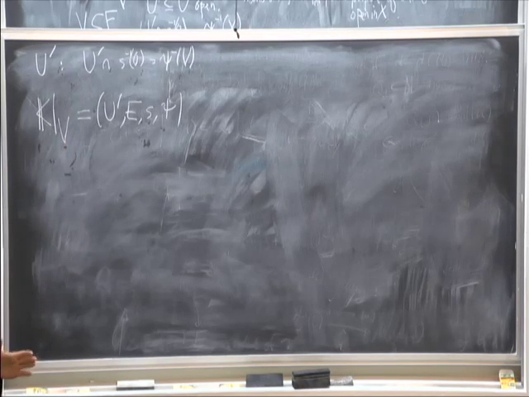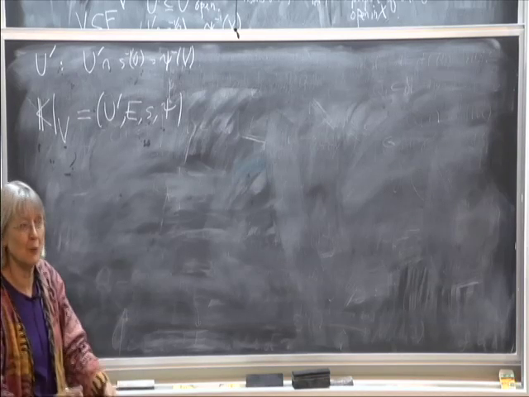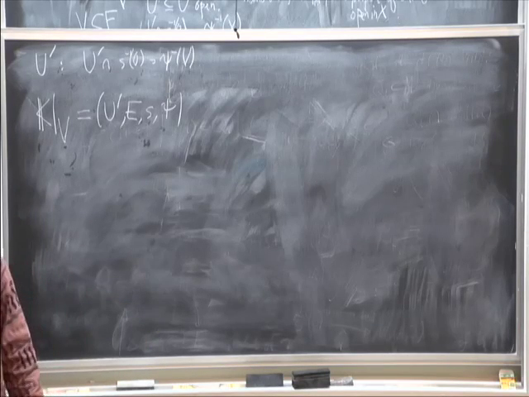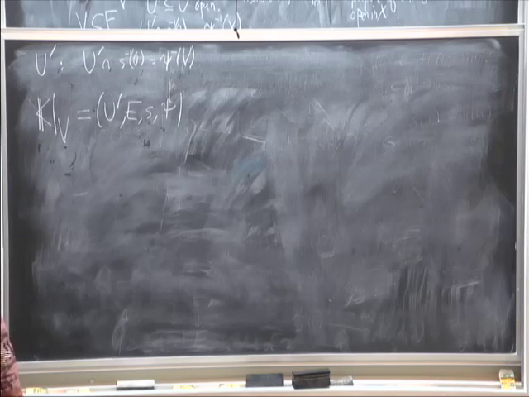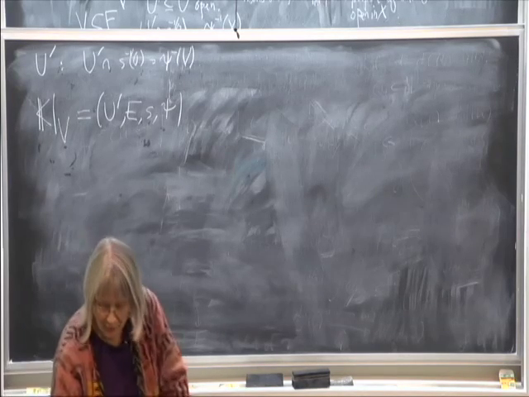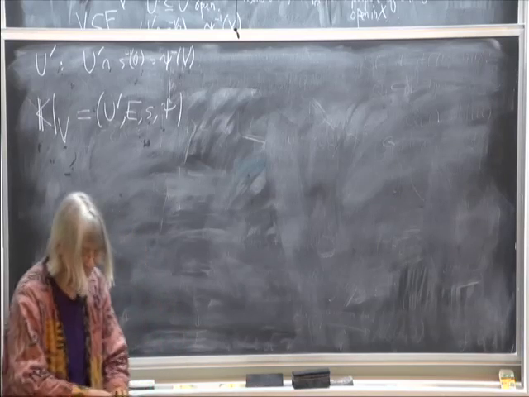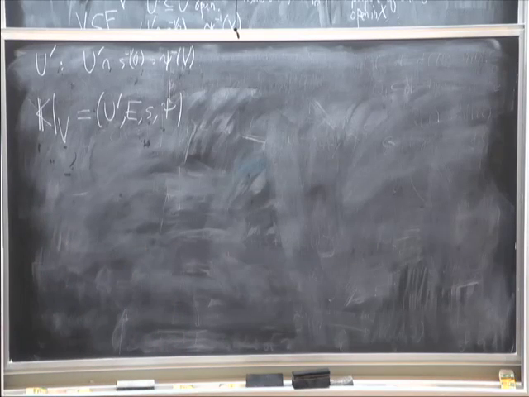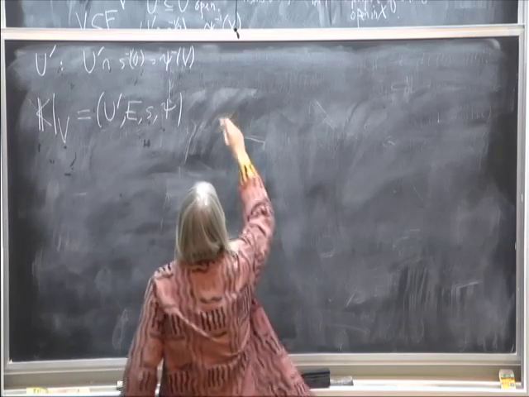We fix V, and when you fix V, there's a choice of U prime. So it's not like a germ where we forget about that choice. We actually say a restriction, you have to make that choice. That's one of the ways in which we differ from Fukaya and Ono, because I think they just take germs. And so that's a definition of restriction.